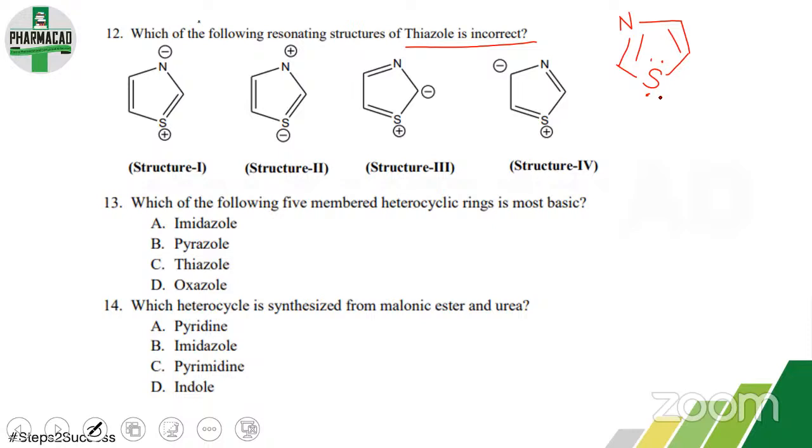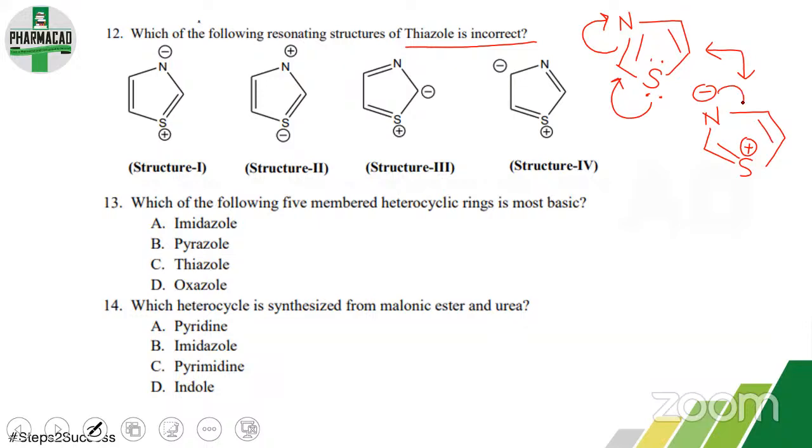So this lone pair will get shifted over here. When this lone pair gets shifted, this double bond gets shifted onto this nitrogen. So we will get this nitrogen with negative charge. And the sulfur will get the positive charge because this sulfur is having 3 bonds.